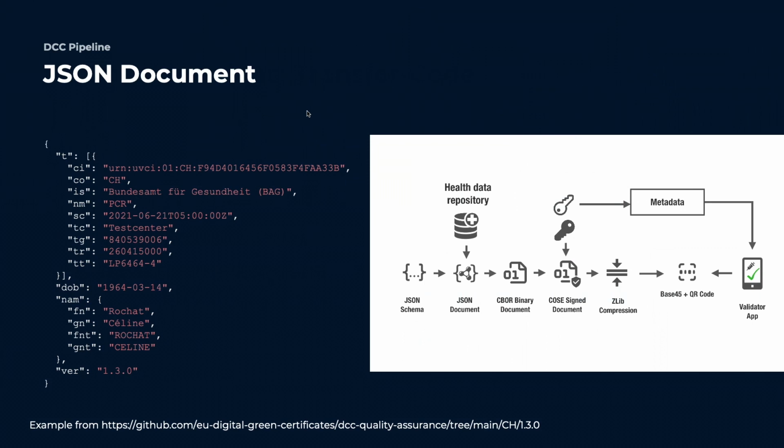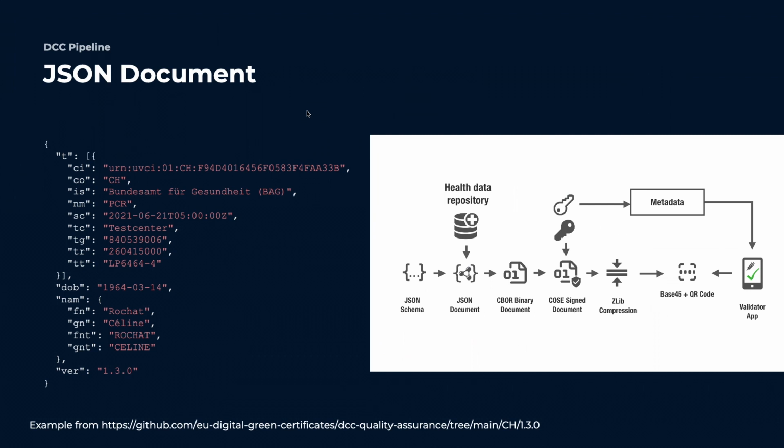Now, as I mentioned, UX challenges, we were also facing that with making the QR code small, and this shows the process of how such a QR code is actually produced. It starts with a JSON document, and trying to make a QR code small means that we have to limit the data and make sure that we're not writing too much and too verbose in this JSON document.